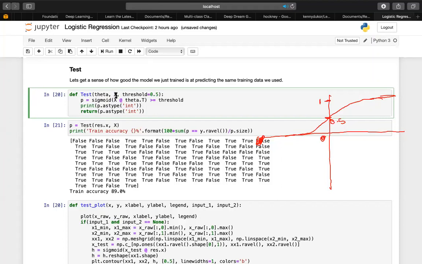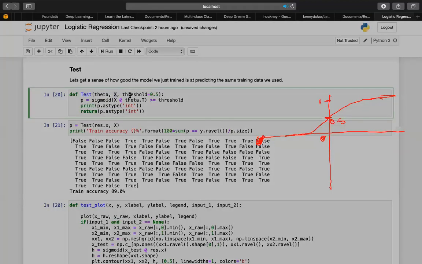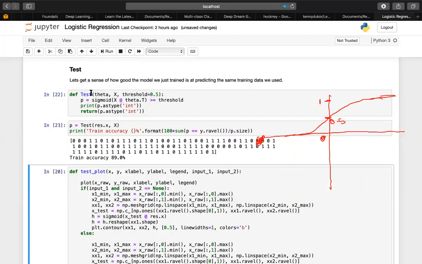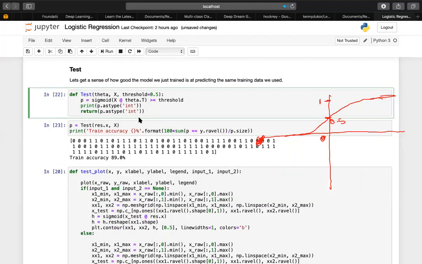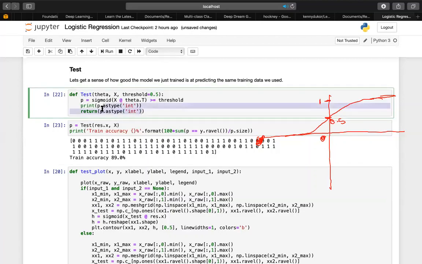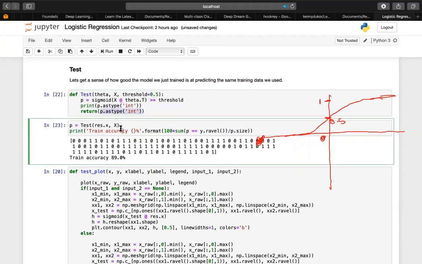So when we pass the values of X to see how it predicts whether the person gets admitted or not, after changing the true/false to int values, you're going to be having 1 for true and 0 for false, right? These are the predictions. But now, for us to get a sense of the accuracy, we have to check it against what the real values are. So here we are now calculating the accuracy.